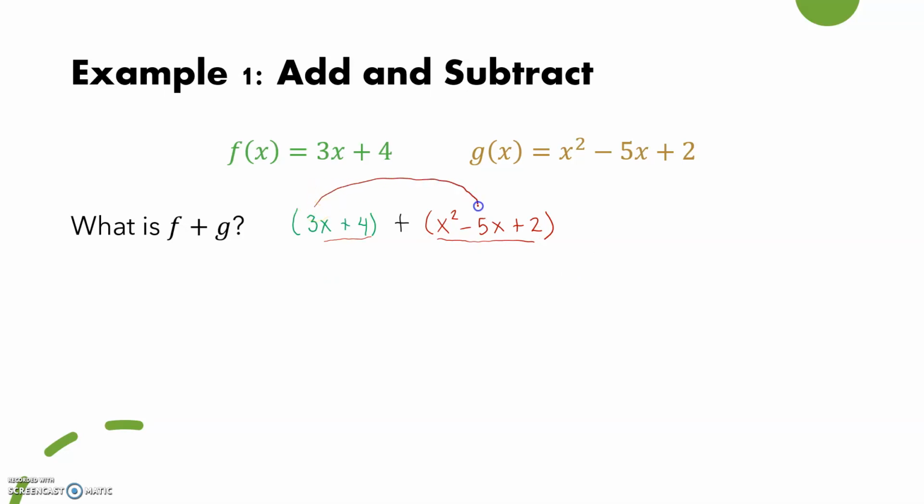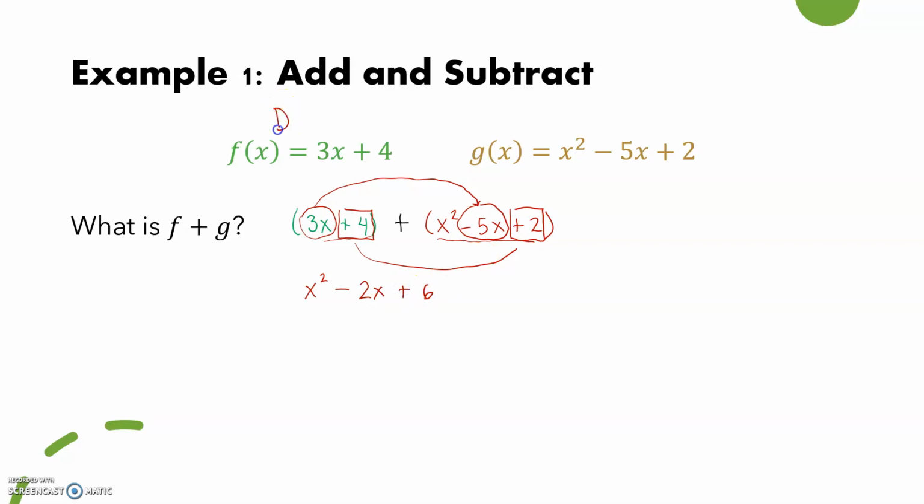So I have 3x and negative 5x. Those are like terms. I'll add those together. And then I also have positive 4 and positive 2, and those are like terms. So my result would be x squared minus 2x plus 6.